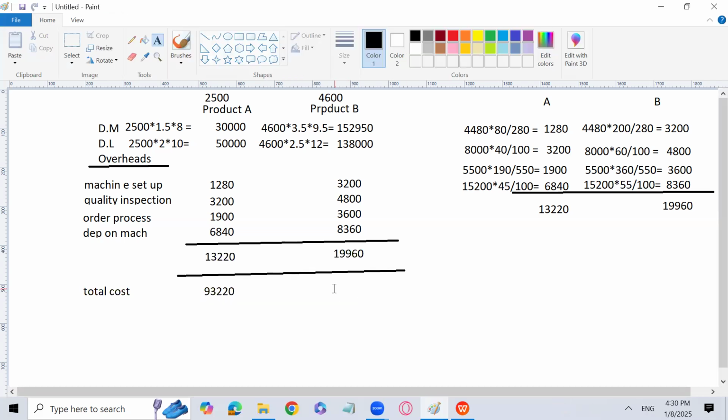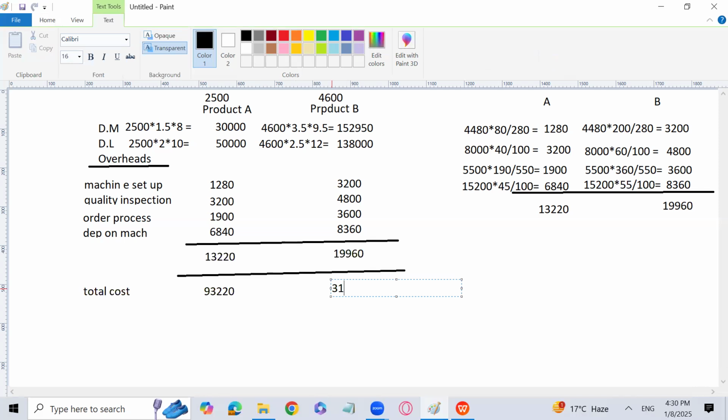And for this it is 310,910. So this is the total cost we have calculated: 93,220 for product A and 310,910 for product B. You can check it out, Fareed, if this calculation is right. For product B, 152,950 and 2.5 into 12. Hopefully.